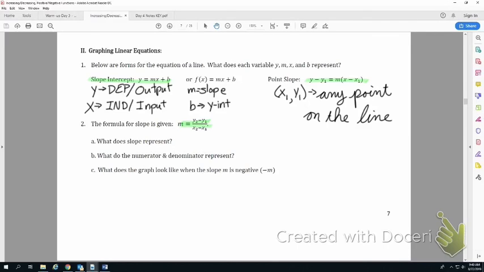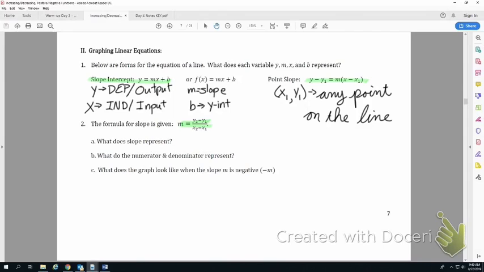Point slope form, you have the slope and any point on the line. So they're named that way for a reason. There's a lot of stuff in math that's just named by some selfish old dead mathematician who just wanted credit for it. These names have a reason. Slope-intercept has the slope and the intercept in it. Point slope has any point and the slope in it.